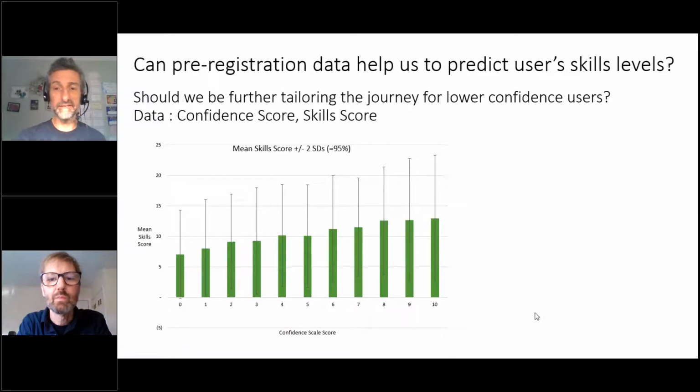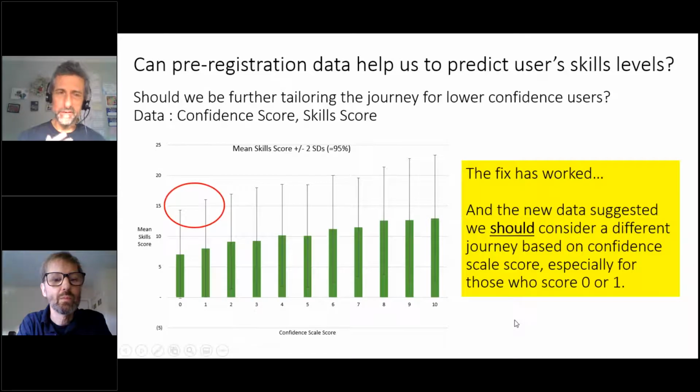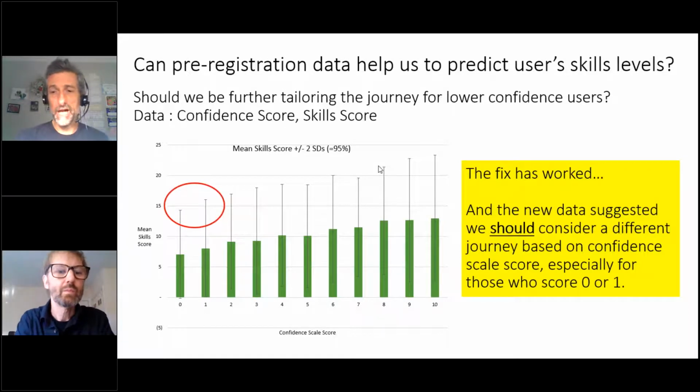What about the predictive nature? Well, there is a little to be said. The range of scores is very wide. There's no doubting that. But at that bottom end there, confidence scale score of 0 and 1, this means it's very unlikely for people who scored 0 or 1 to score above 16 on the skills check, and that's 16.